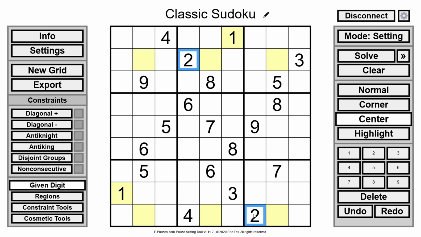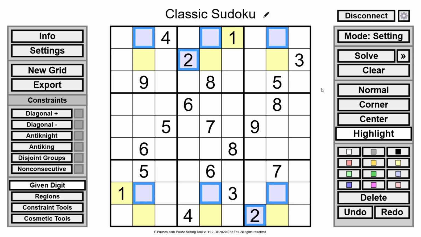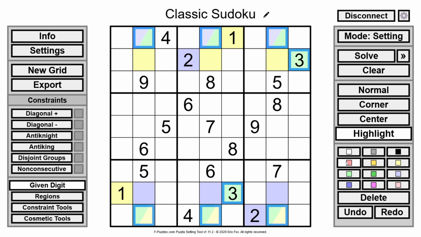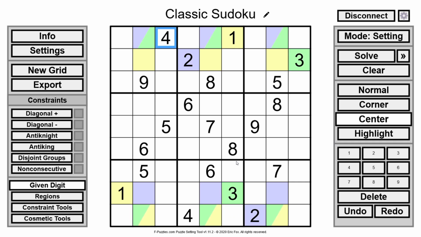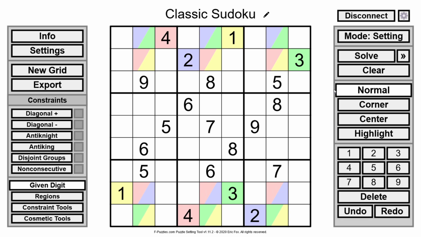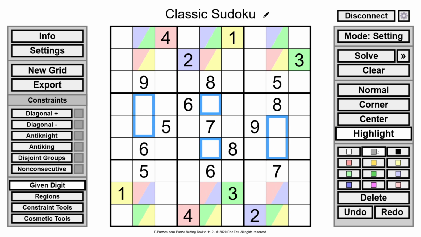The digit 2 outside of the middle band can only appear in 2 rows. The digit 3 outside of the middle band can only appear in 2 rows. And the digit 4 outside of the middle band can only appear in 2 rows. I'll color this red.